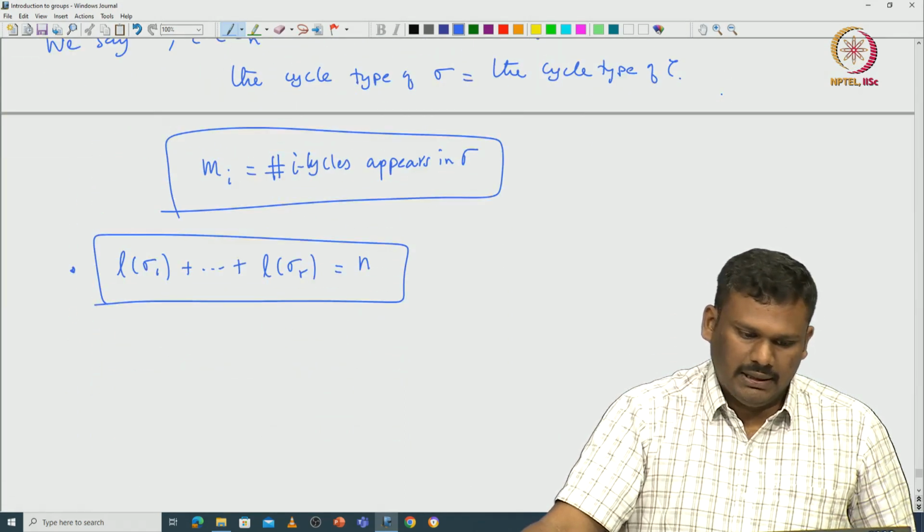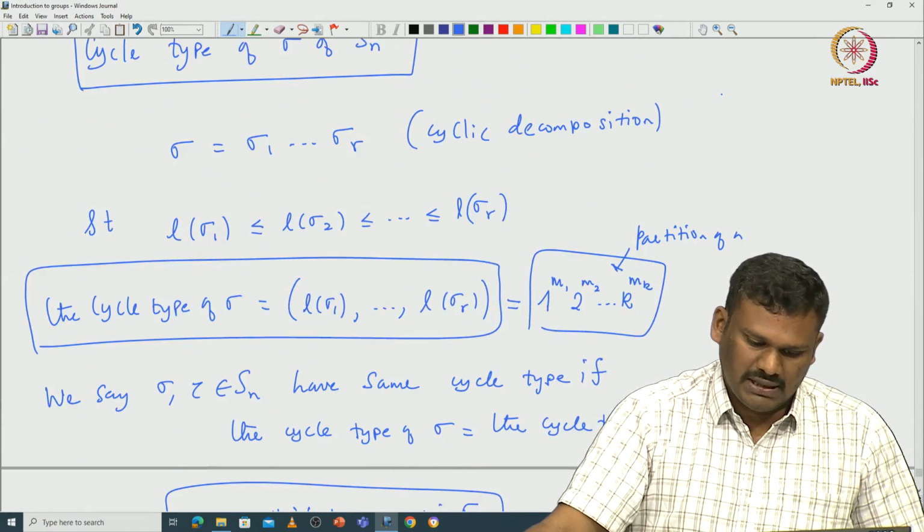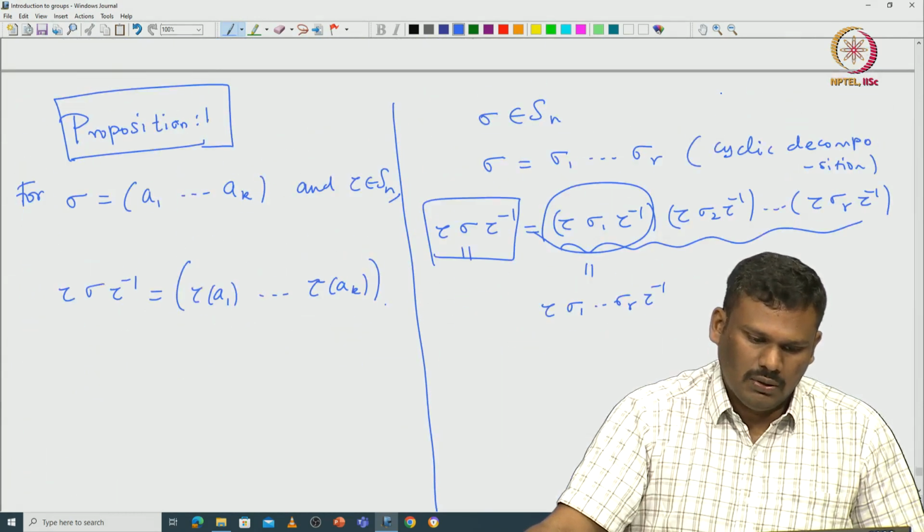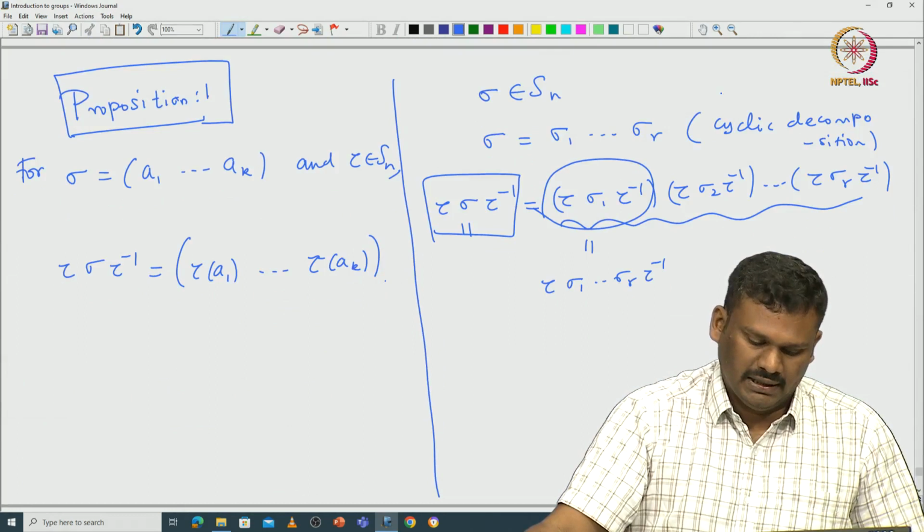Now, once you have defined this cycle type, this proposition can be rewritten as follows.